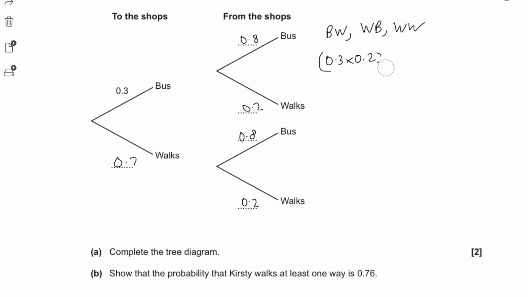So bus walk would be 0.3 times 0.2. And you'd add up each of these, so plus walk bus would be 0.7 times 0.8. And walk walk would be 0.7 times 0.2. If you add them all up, you'd get 0.76.